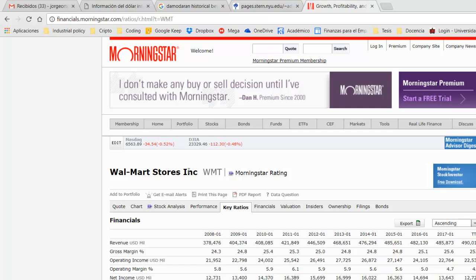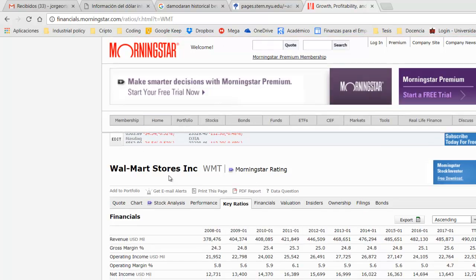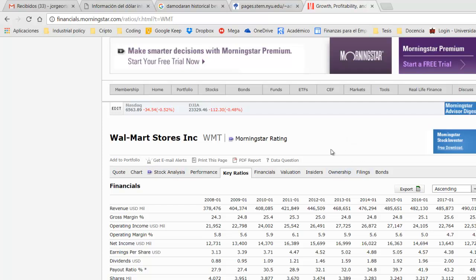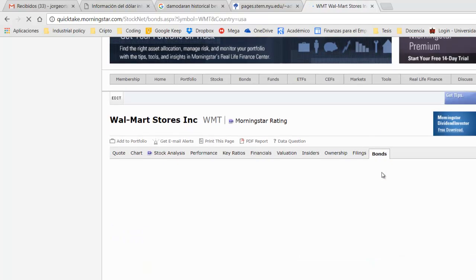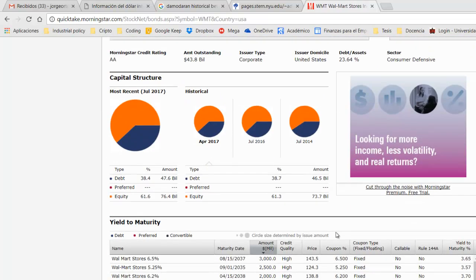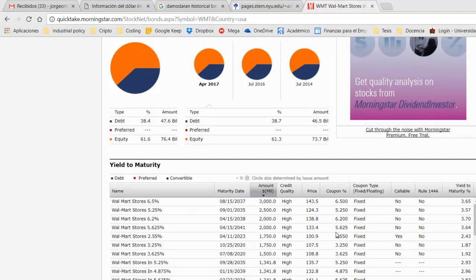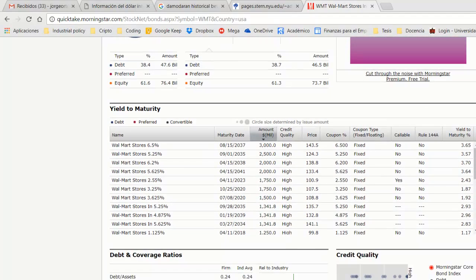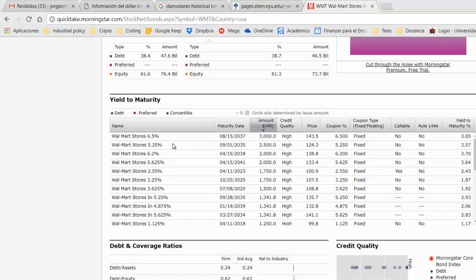Now here I have, as an example, Walmart stores, and the last option in the menu, as you see here, is bonds. So I click on bonds. Then we have all the bond issue information, and as you see here, you find many of the bonds that Walmart has issued, and there is one here for $3 billion, $3,000 million.